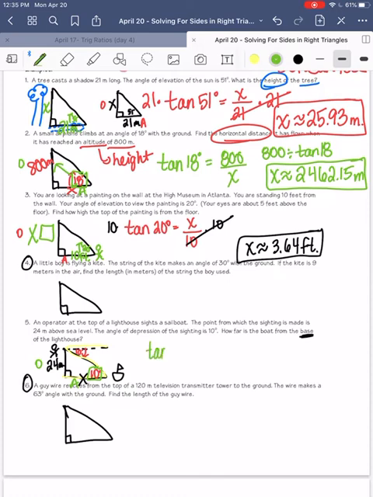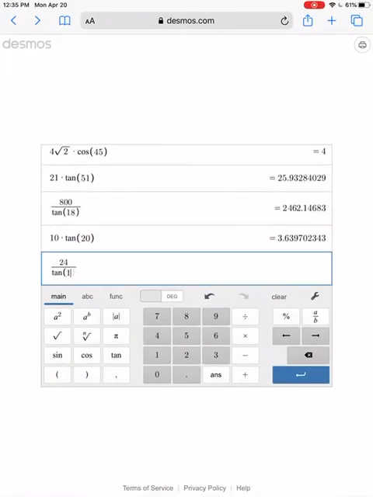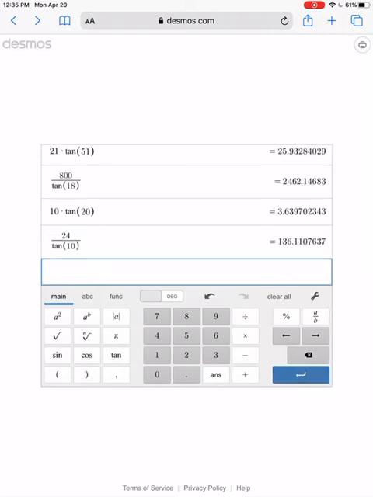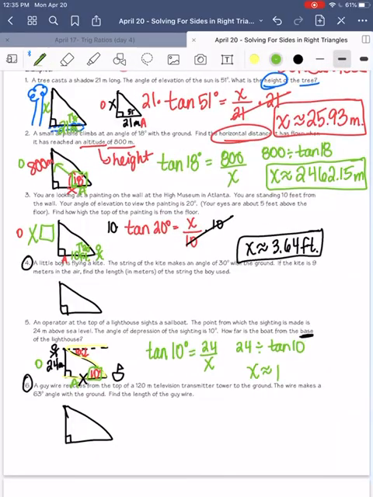So then that's tangent of 10 degrees equals O over A. All right, so we're going to divide. And so now we'll get 24 divided by tan 10, so 136.11. And what was our unit? It was meters.